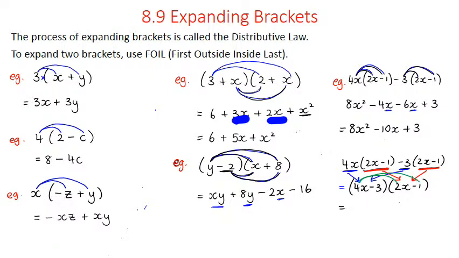First, outside, inside, last. So first terms, 4x times 2x, 8x squared. Outside, 4x times negative 1, negative 4x. Inside terms, negative 3 times 2x, negative 6x. And last terms, negative 3 times negative 1 is positive 3.